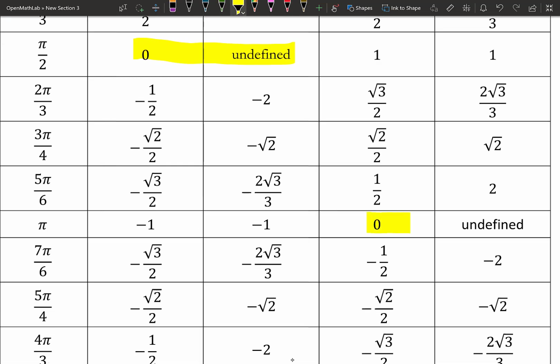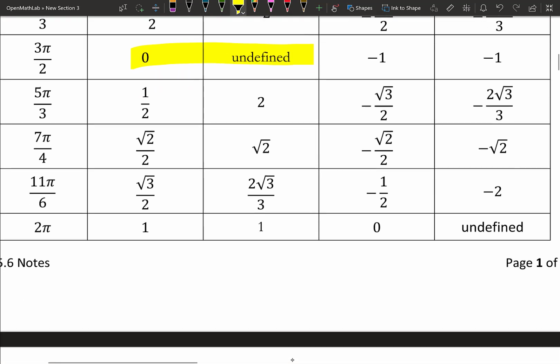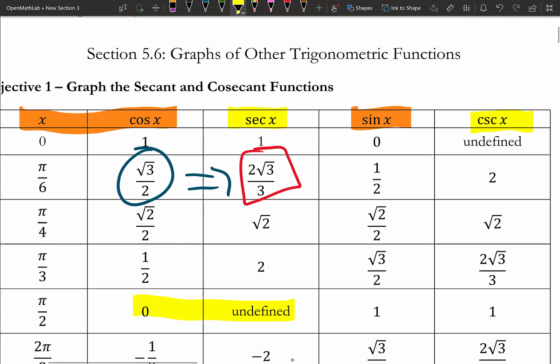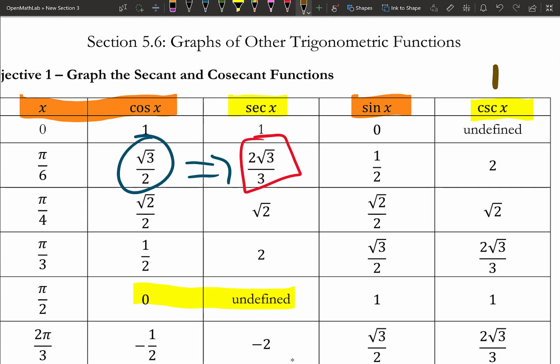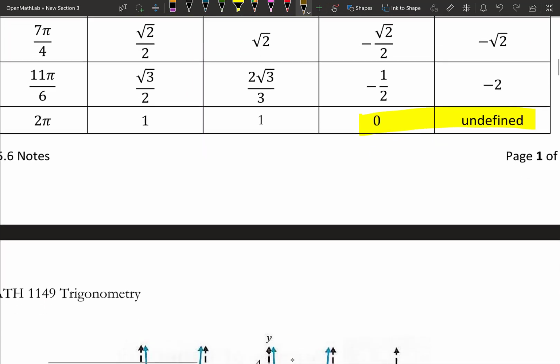You'll notice these pairings with the 0 and undefined items. We do the same thing for cosecant: we take the reciprocal of sine, the multiplicative inverse. I filled in this whole table already.